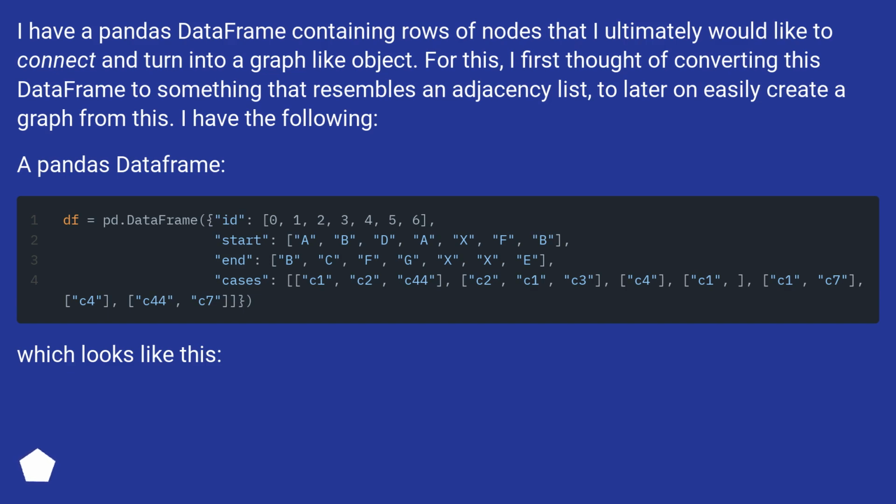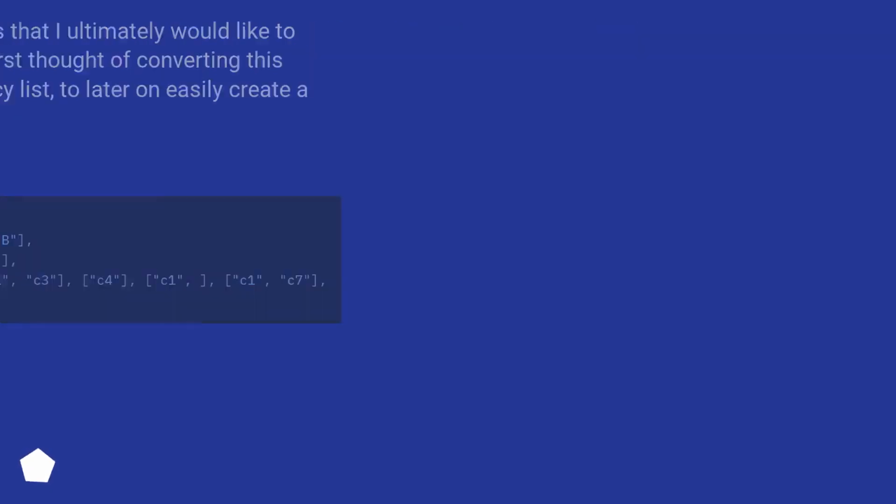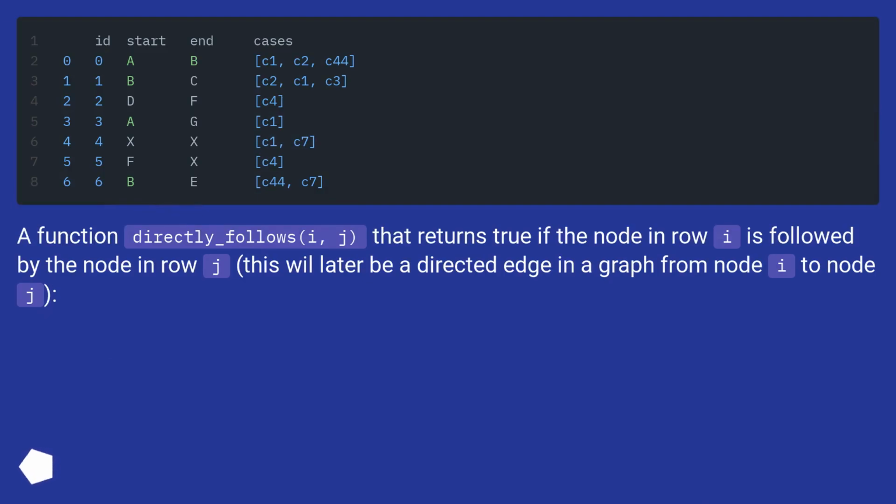I have the following pandas data frame, which looks like this. A function directly_follows(i, j) returns true if the node in row i is followed by the node in row j.